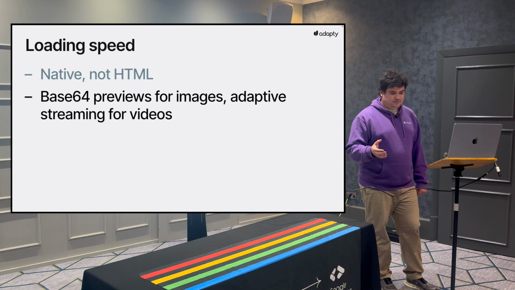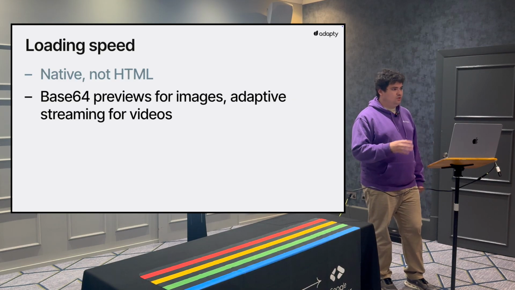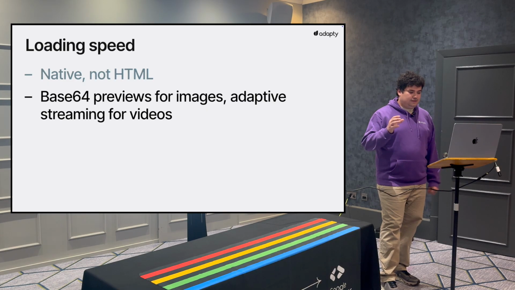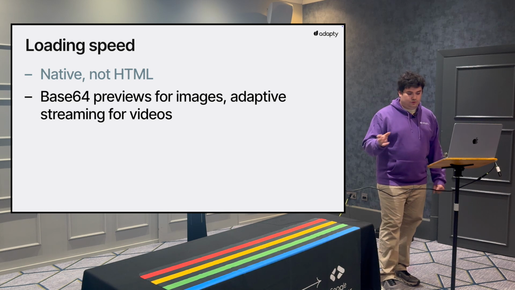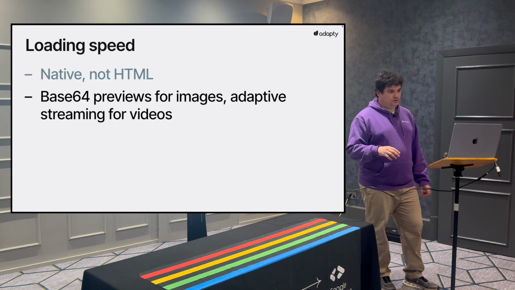The second challenging point was how to load images, and especially videos, because they can be tens of megabytes, and on a mobile network especially, they would load for a long time. So first we introduced base64 previews.